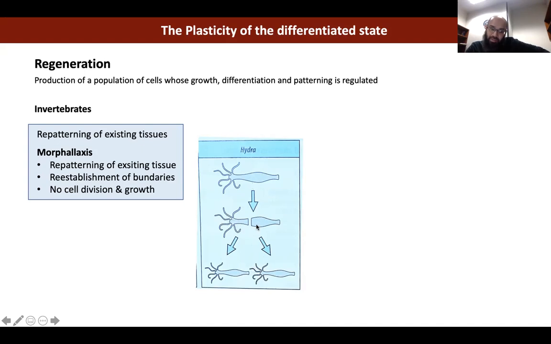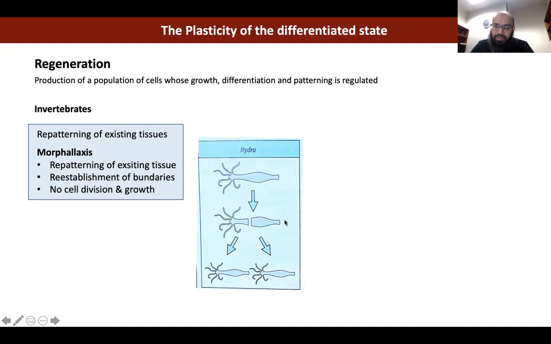And so there is reestablishment of boundaries. But the important thing is that in this morphallaxis in Hydra, there is no cell division and growth. So it's basically, let's say, the stretching of the existing tissues that made it possible to repattern the whole animal.